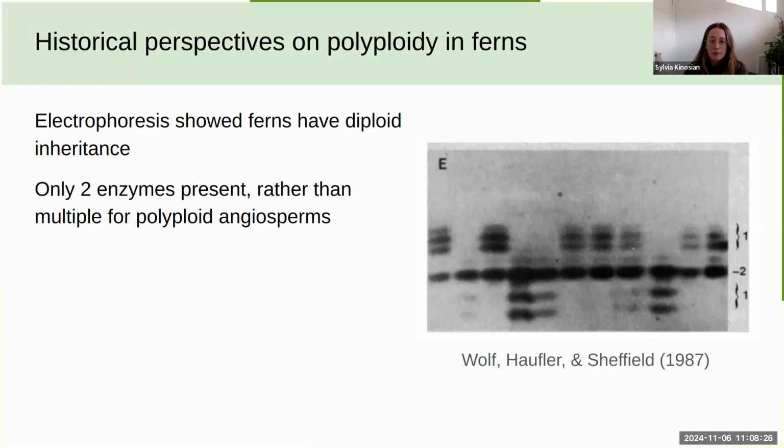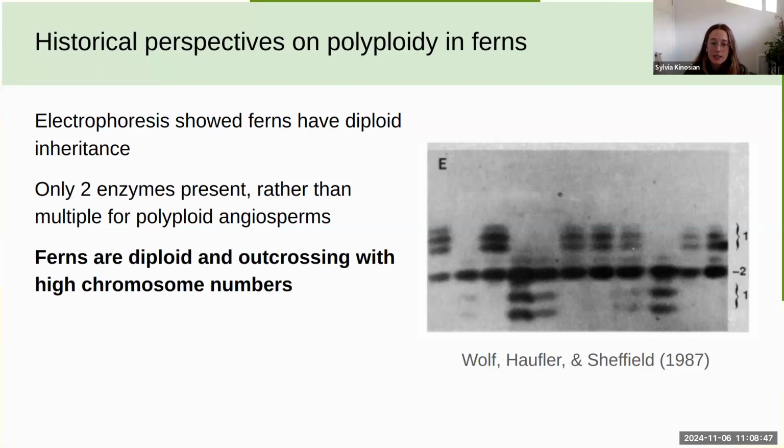And so this was through electrophoresis, where you can look at the genotypes of certain enzymes. And in most ferns, they were seeing only 2 enzymes present, which indicates diploidy, rather than multiple different bands of enzymes or alleles present for known polyploid angiosperms. And so this led scientists to think that ferns are indeed diploid and outcrossing with high chromosome numbers.